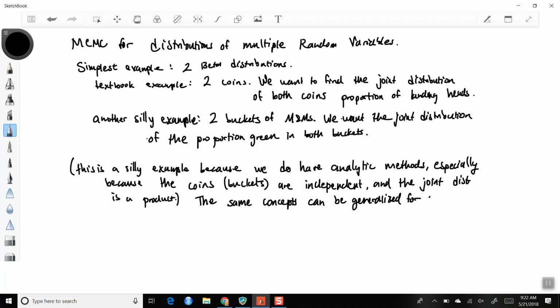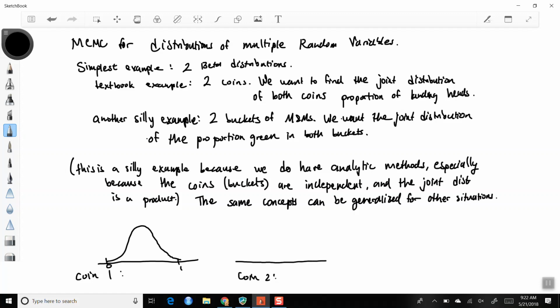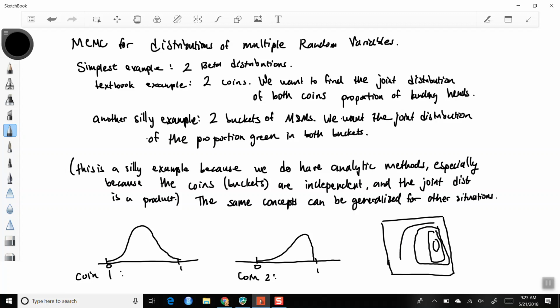Generalized for other situations. Okay, so for example, you could have coin 1, from 0 to 1, this is its beta distribution, and then coin 2, I don't know, maybe from 0 to 1 you have something like this, and then here, actually, probably the distribution space would look something like this, if that makes sense.